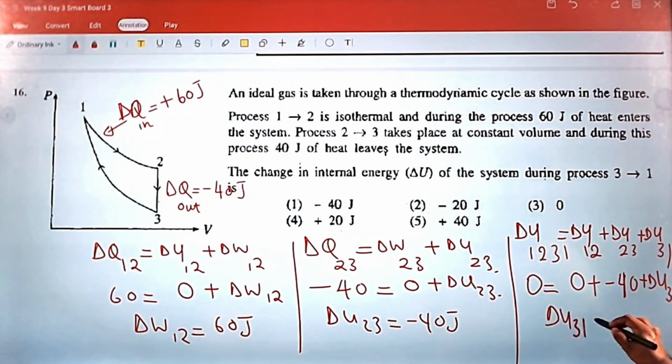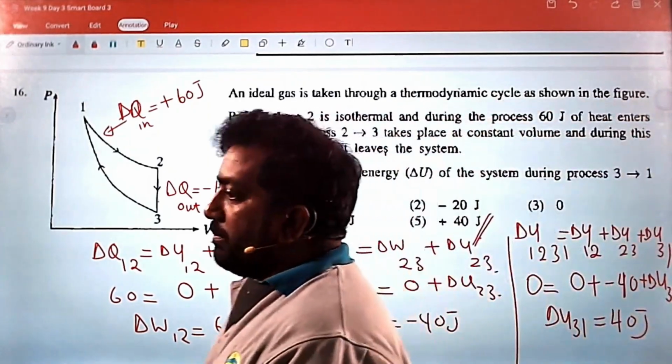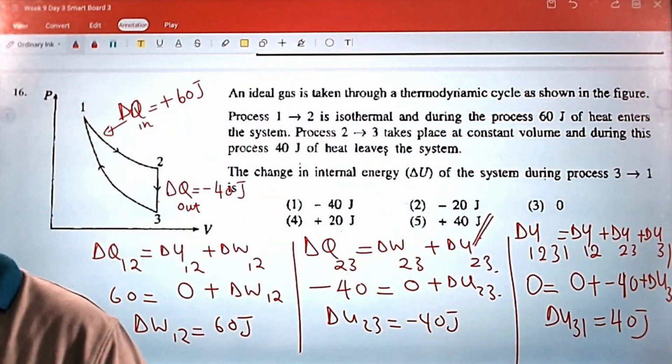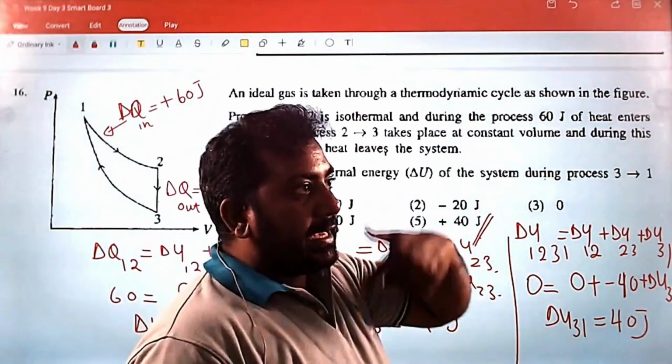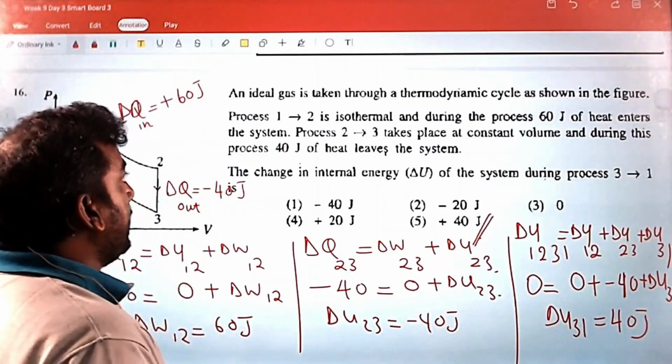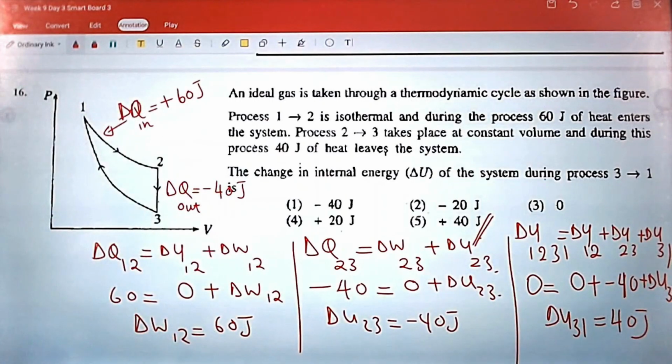Delta U 3 to 1 is going to be 40 joules. So the answer is answer number 5. Note carefully that in a cyclic process, the internal energy change will be 0.